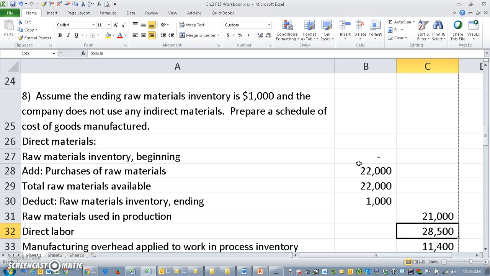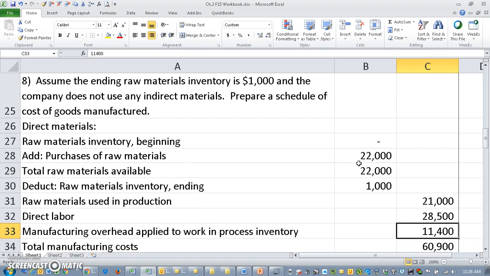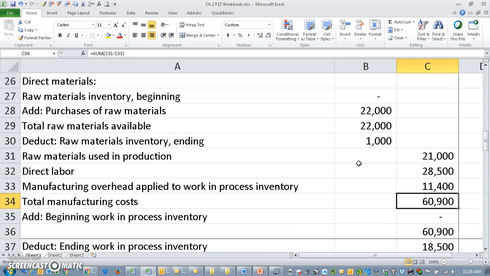Okay, we've now added our direct labor amount of $28,500, and we're also adding our $11,400 of manufacturing overhead that's been applied to the work in process inventory. Okay, these numbers we were already given, right, in the previous problems, and then that gives us a total manufacturing cost of $60,900.